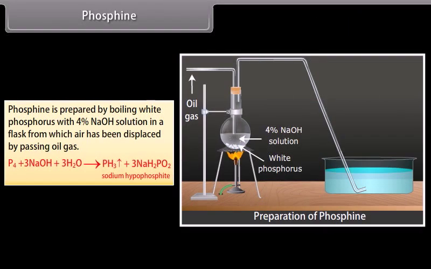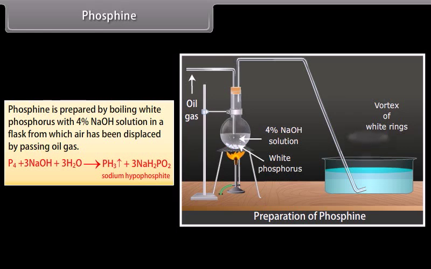Phosphine. Phosphine is prepared by boiling white phosphorus with 4% NaOH solution in a flask from which air has been displaced by passing oil gas. Oil gas is continuously bubbled through the flask in order to displace air. PH3 contains considerable amounts of H2 and a little P2H4 and is inflammable in air.